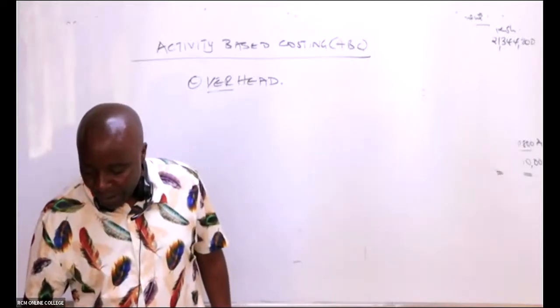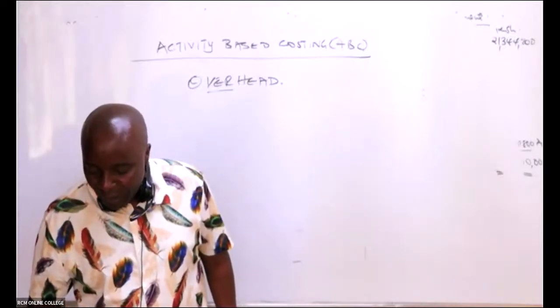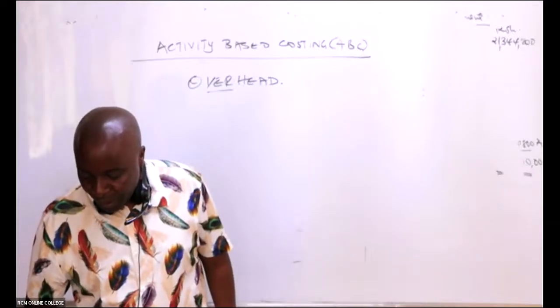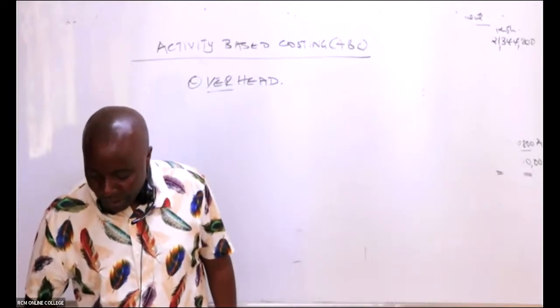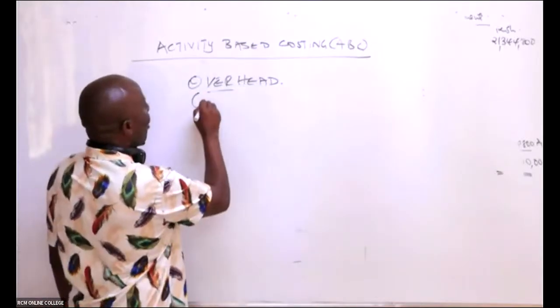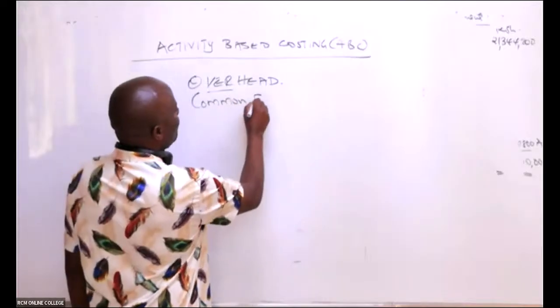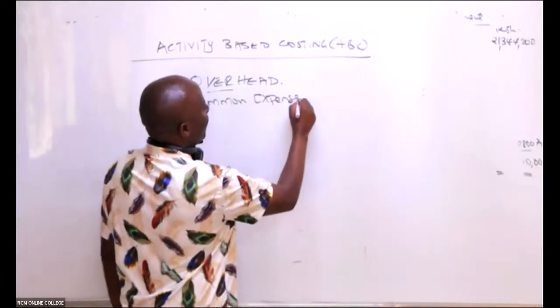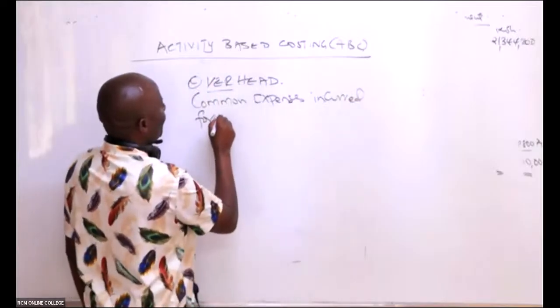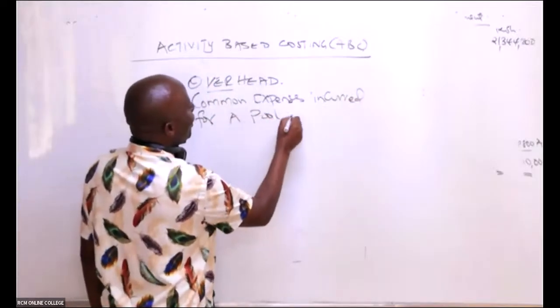These common expenses will at the end of the day need apportionment. They are incurred for the benefit of many units, a pool of units.